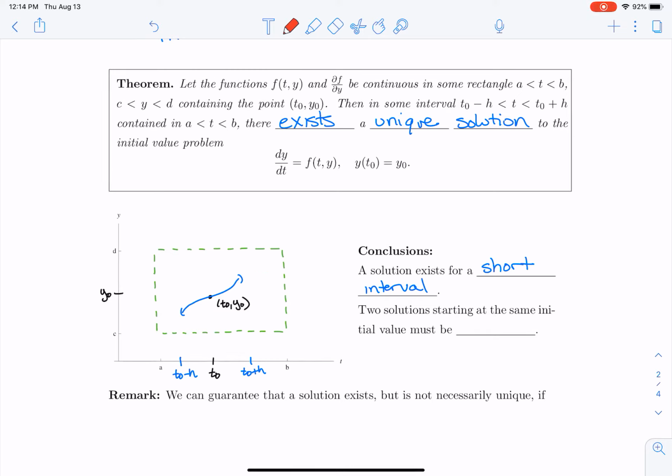It's only for a short interval, but we can use the conclusion to extend the solution for a little bit larger interval. The second thing that you have is there not only exists a solution, but there exists a unique solution. Okay? So what does that mean? That means if two solutions start at the same initial value, they must be equal.